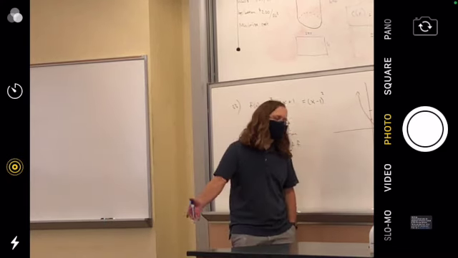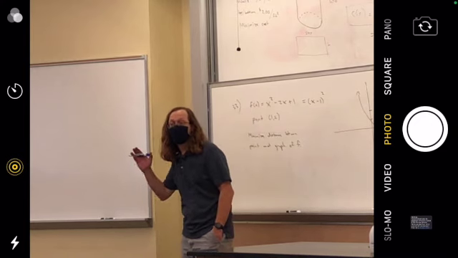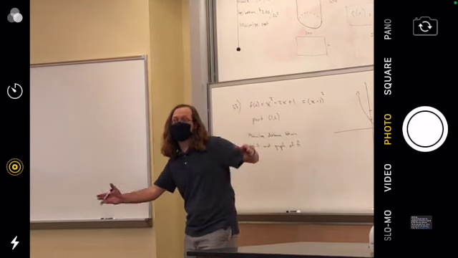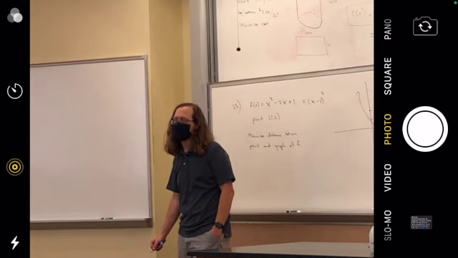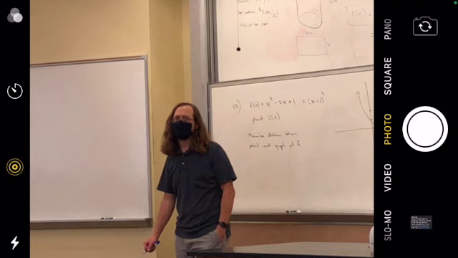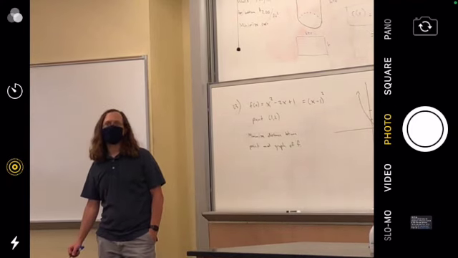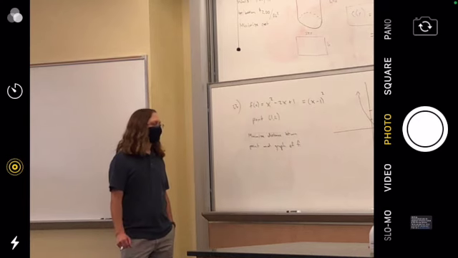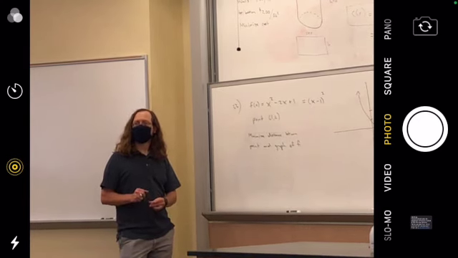I should rephrase this. There are problems in that section in the list of problems where the maximum or minimum is at an endpoint. I can't remember if those are assigned or not, but I know there are some where that happens. All right, any questions? Always draw pictures.